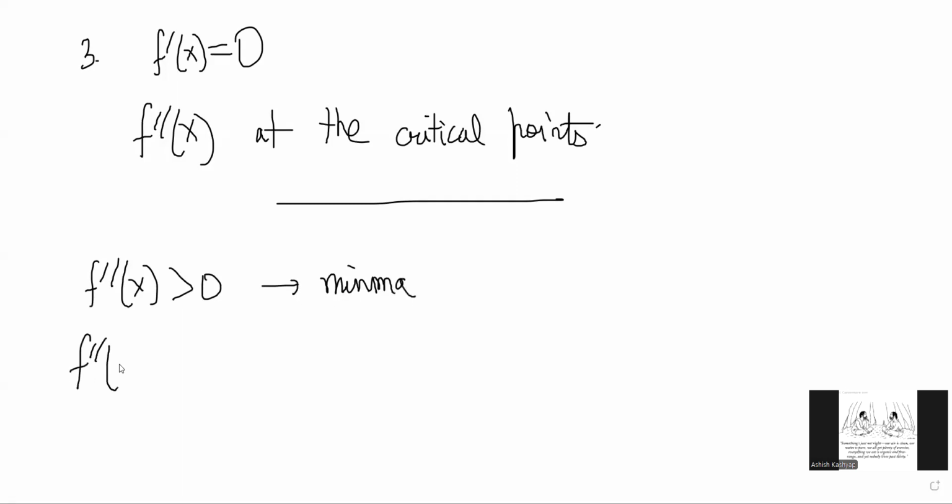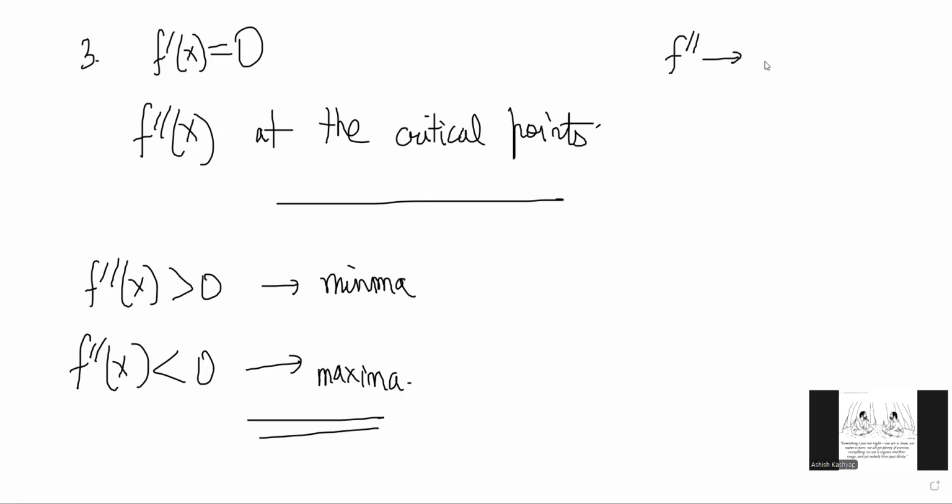And if the double derivative is less than 0, it's a maxima. Why is this so? Because the double derivative tells us whether single derivative function is increasing or decreasing, right? Correct?